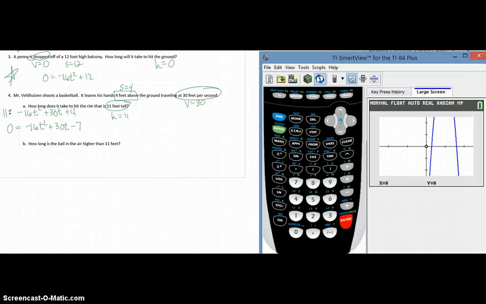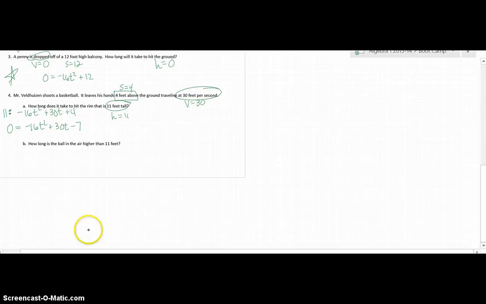Okay, I have graphed it over here on the side, and I've zoomed in so that we could get a good picture of it. Now, I've always told you to look for the positive x-intercepts. In this particular problem, there are 2 positive x-intercepts. So, that means that it's going to hit a height of 11 feet twice. Well, let's just sketch something here.